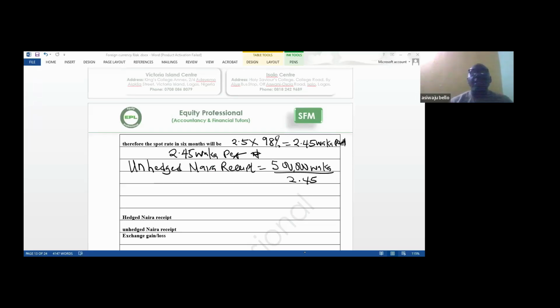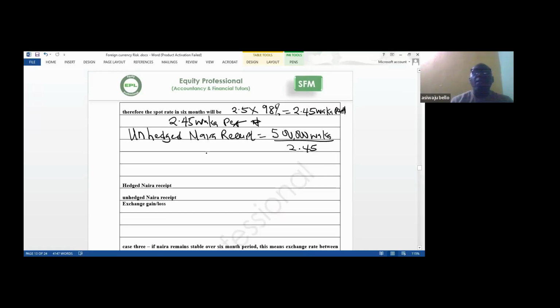So 500,000 Waka divided by 2.45 is 204,082. Look at it: the amount here is 204,082.